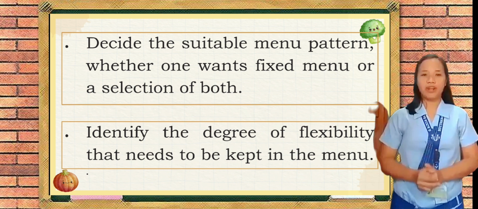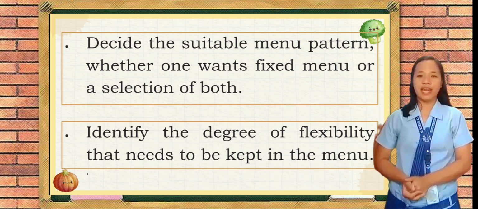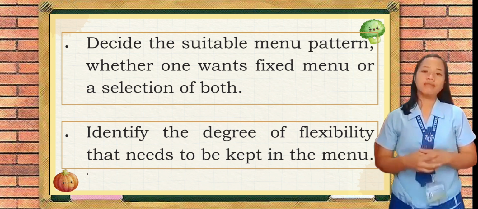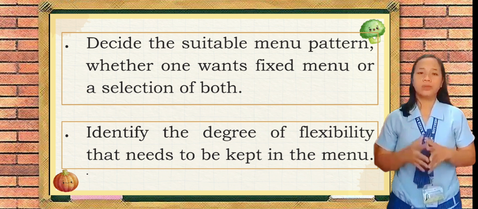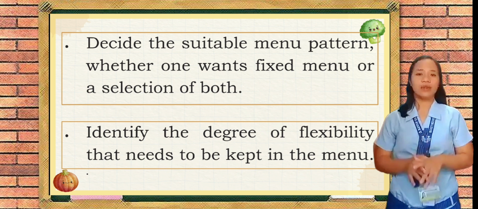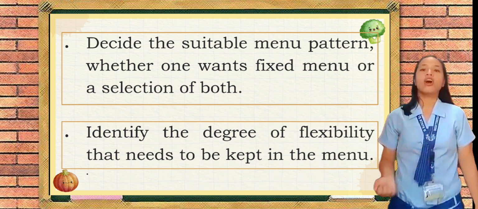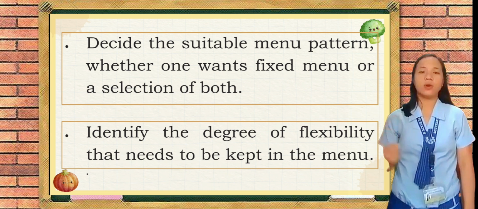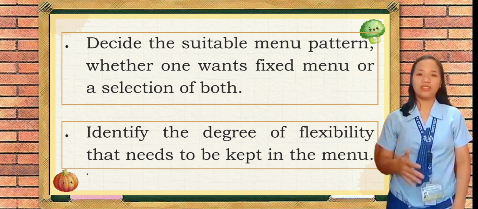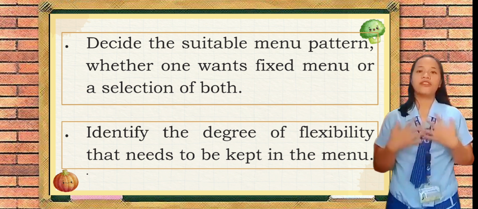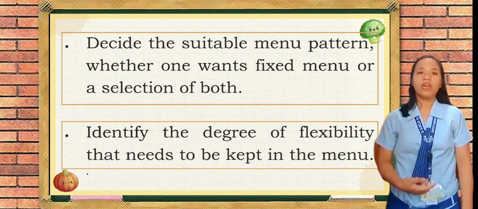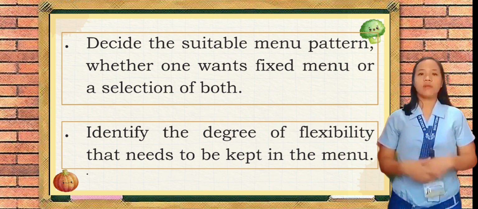For example, a restaurant may decide to offer a fixed menu with a few rotating seasonal specials to provide some flexibility while maintaining a core set of popular dishes. This approach allows the restaurant to cater to a variety of preferences without overwhelming customers with too many options.